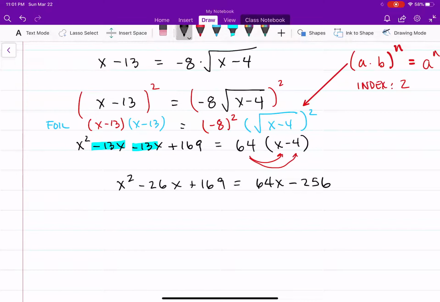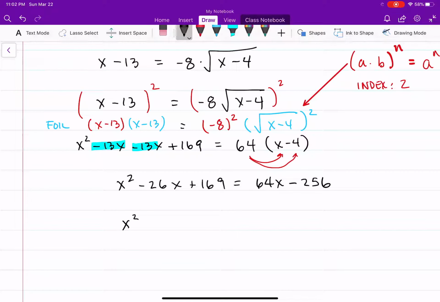Oh boy, look at this. I see an x squared and an equal sign. What does that mean? Ooh, quadratics, that's right. So with quadratic equations, I gotta get everything to one side, so I have a non-zero side and a zero side, right? So here we go. I don't have any x squares to bring over, so I'm just left with x squared.